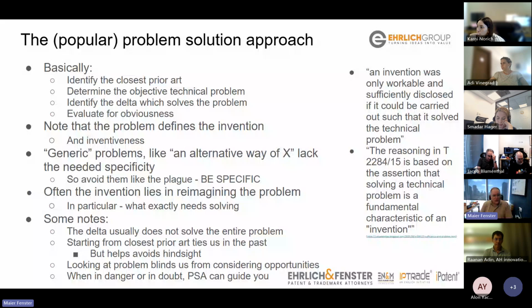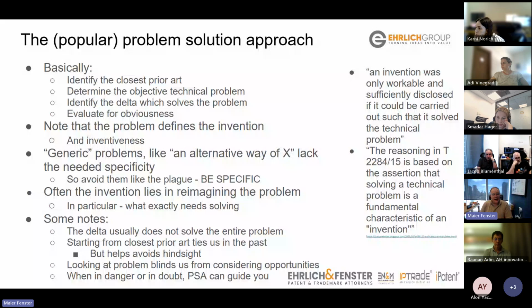What I want you to notice is that the problem is defining what the invention is and what inventiveness means. Okay, so identifying the problem, understanding the problem seems to be critical for understanding the invention.